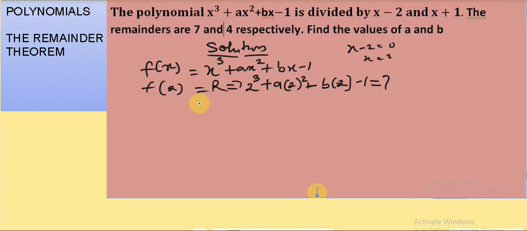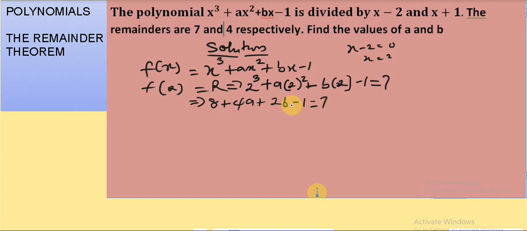So this is going to be 2 raised to the power of 3 is 8 plus 2 raised to the power of 2 is 4. So this is going to give me 4a plus 2b minus 1 is equal to 7.